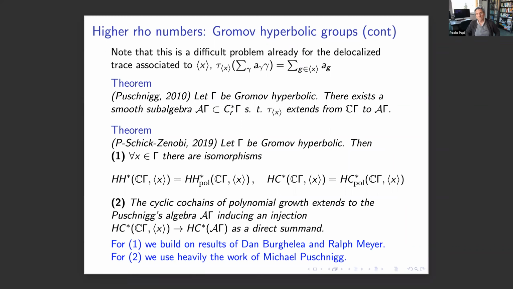Okay, so this is, if you want, an extension of the result of Connes and Moscovici to conjugacy classes which are different from the identity element. Okay, and as I said, this is a delicate matter, and it's really built on work also of other people.